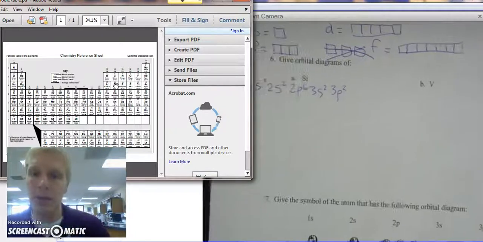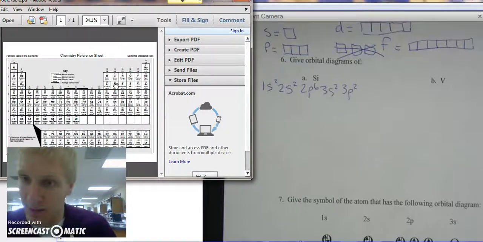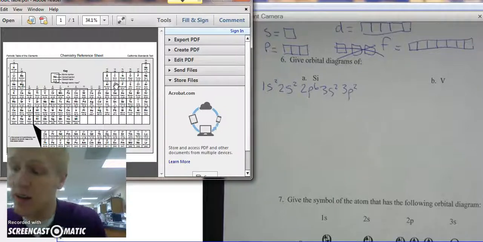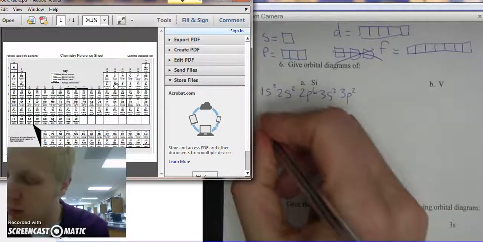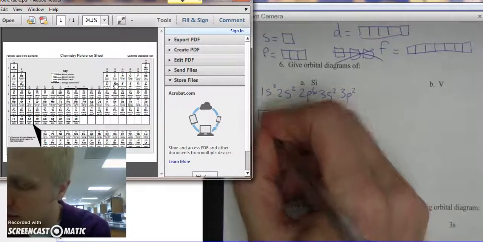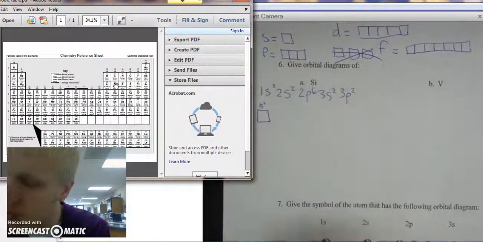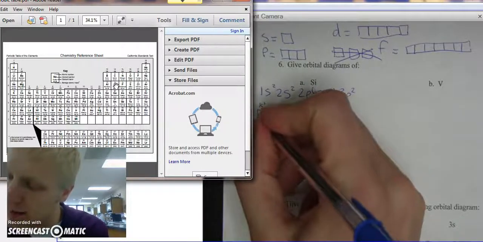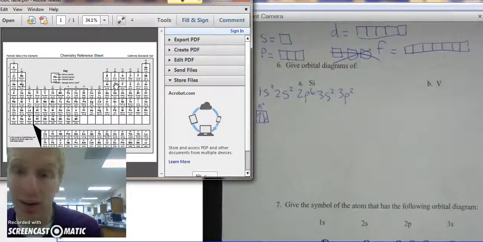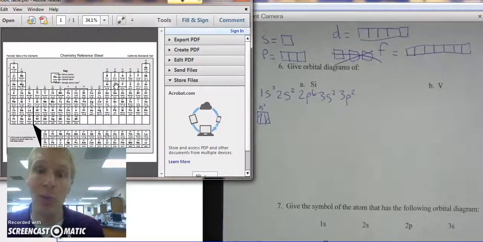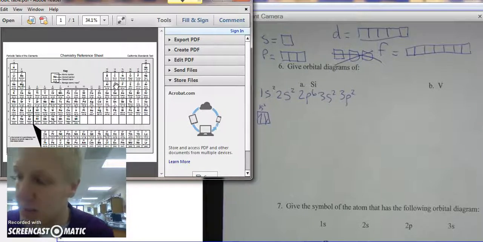Alright, now that we have the electron configuration, we can more easily draw the orbital filling diagram. So remember, the s's are represented by 1 box. So that's 1s2, and it's represented by 1 up arrow and then a down arrow. And that's the Pauli exclusion principle, which states that no more than 2 electrons can be in each suborbital, and each has to have an opposite spin.